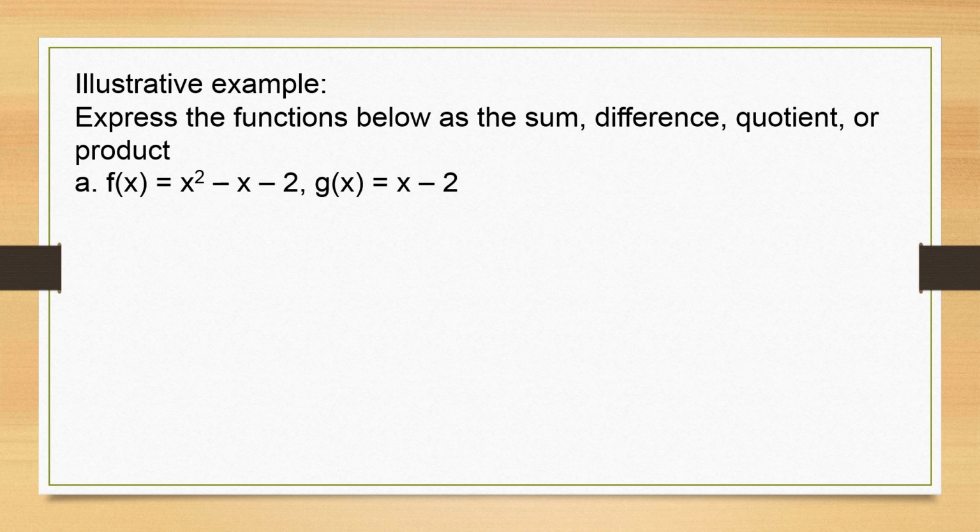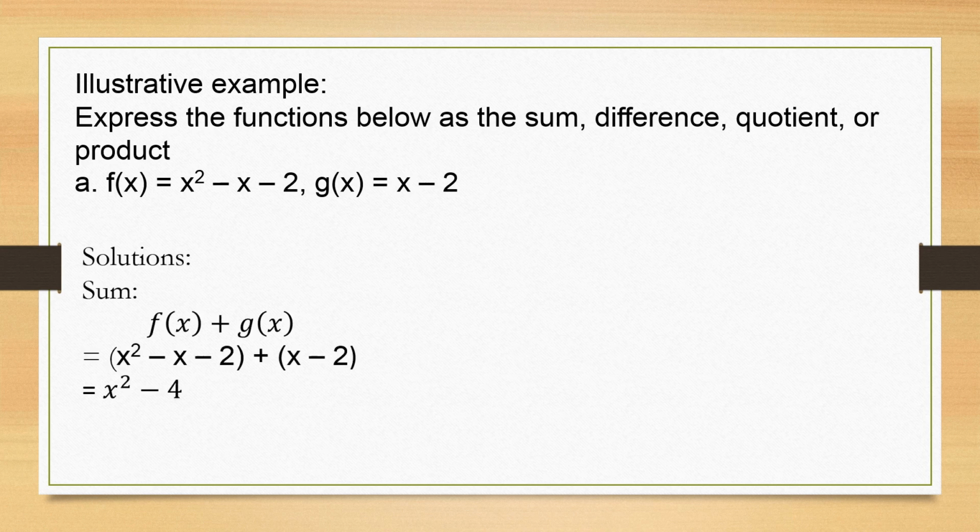Because we want to execute the four fundamental operations, let us start with getting the sum. So for letter A, we have the sum f of x plus g of x, which is equivalent to the quantity x squared minus x minus 2 plus the quantity x minus 2.